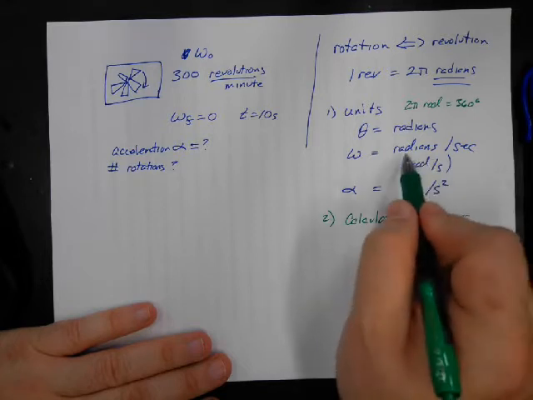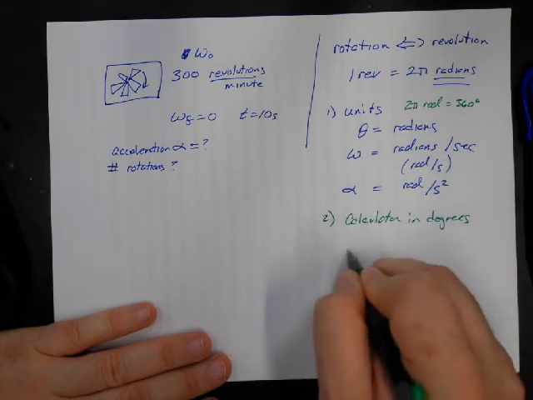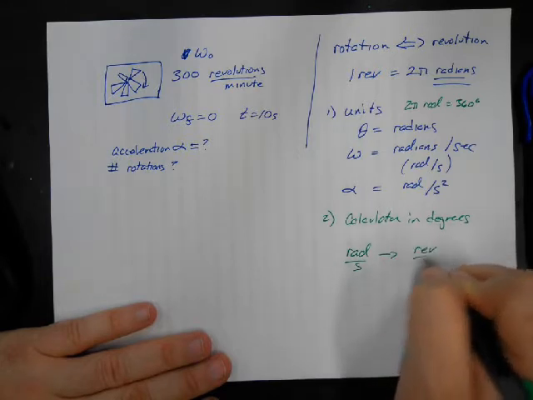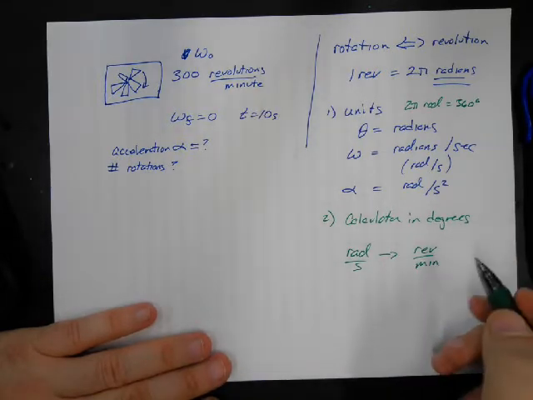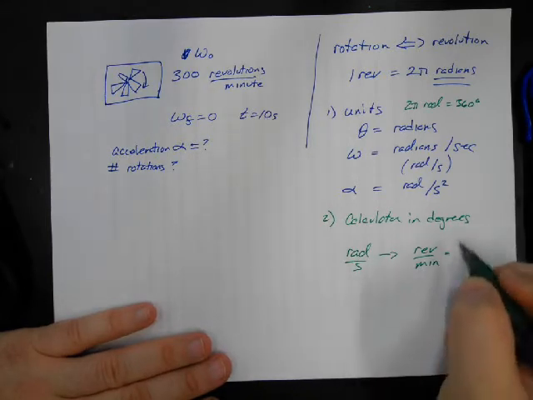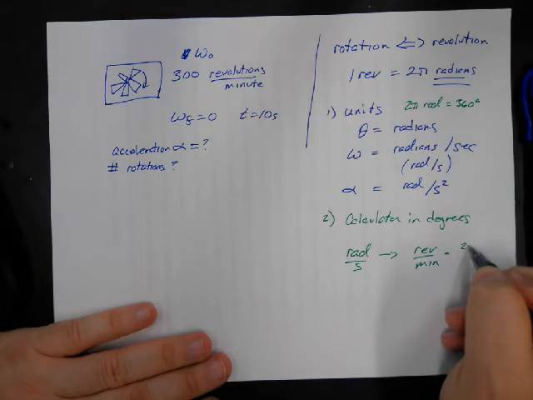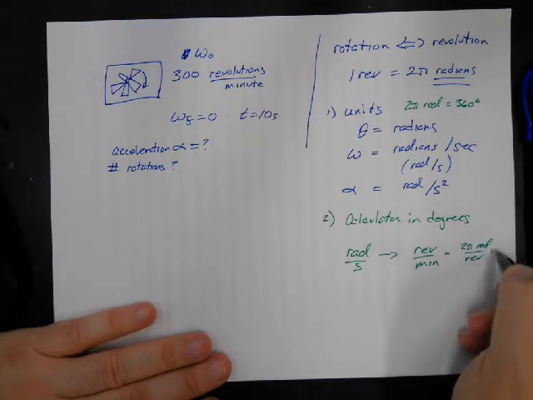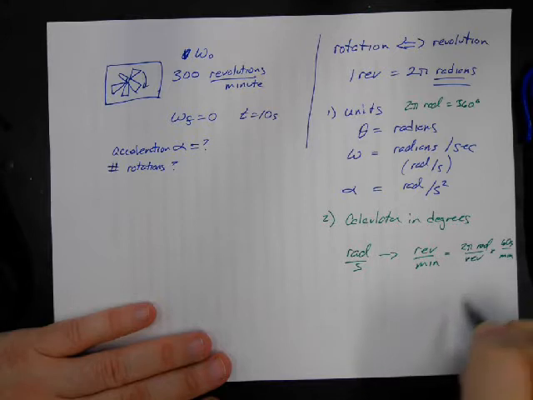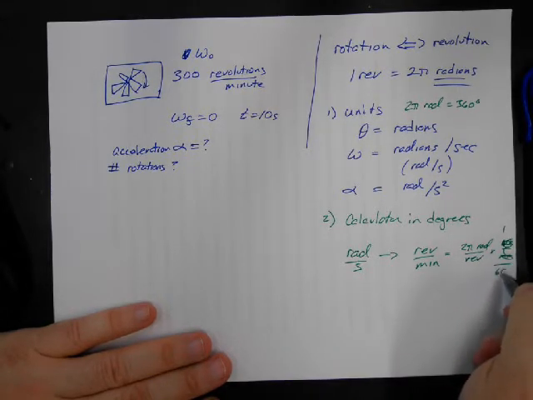And then the other thing that we'll do is convert radians per second to revolutions per minute. We'll often do something like that. A revolution per minute is, well, there's 2 pi radians per revolution, and there are 60 seconds per minute. So that should be 1 minute over 60 seconds.